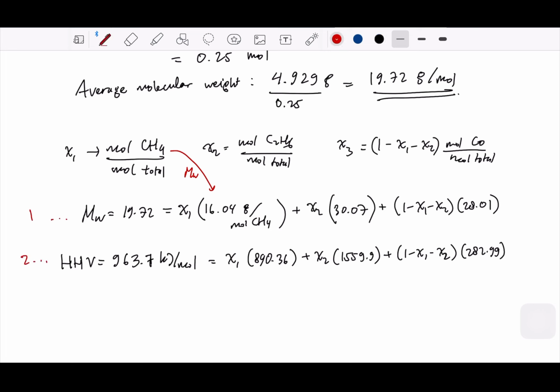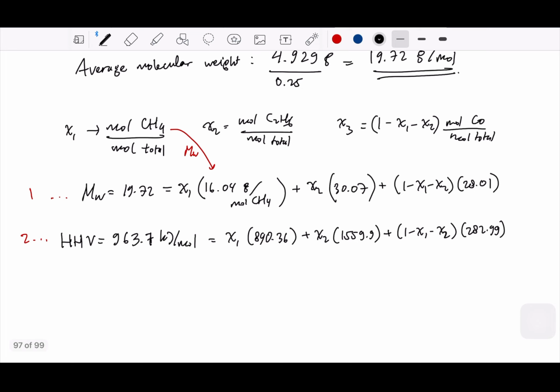Okay, after some time solving this, I believe this is going to have solutions. You have to use either substitution or elimination.